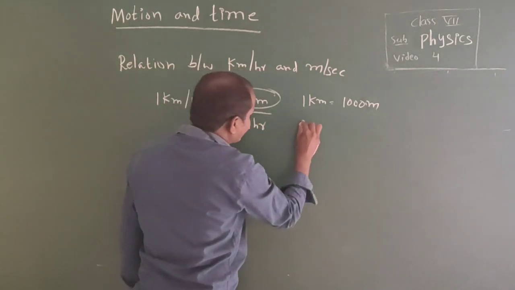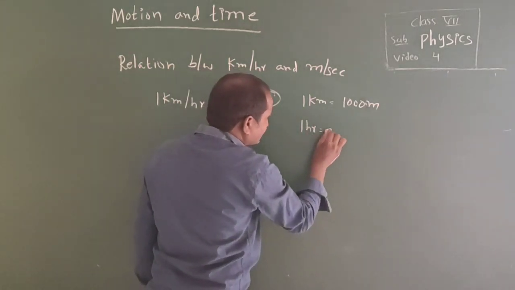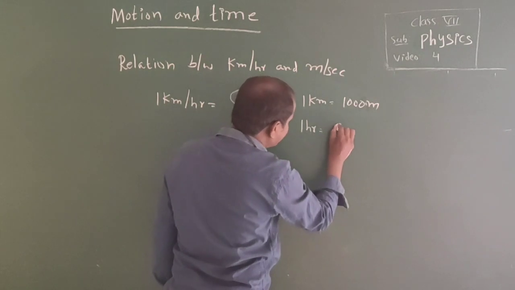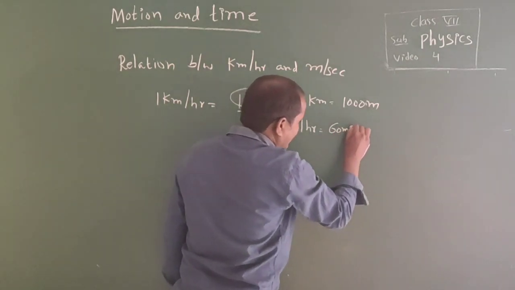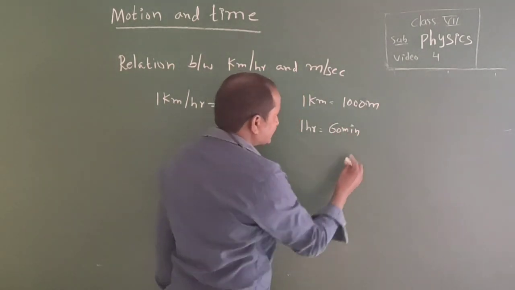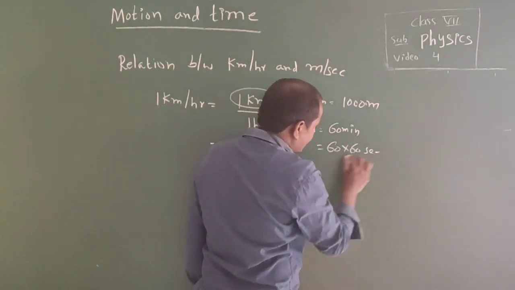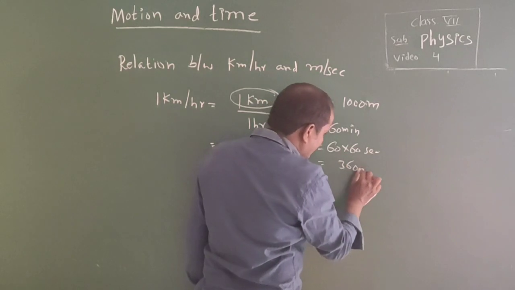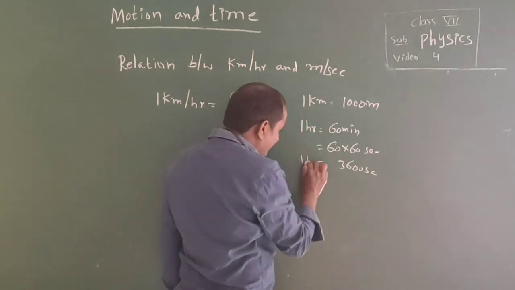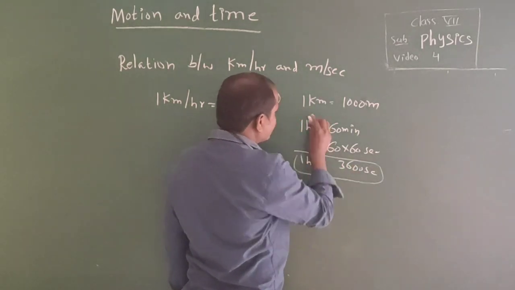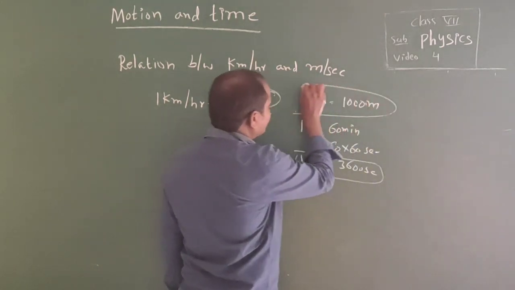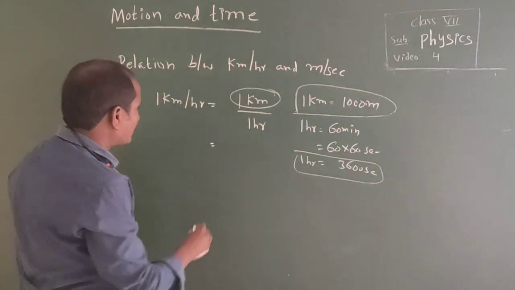Next, change 1 hour into seconds: 1 hour equals 60 minutes, and 1 minute equals 60 seconds, so 60 into 60 is 3600 seconds.